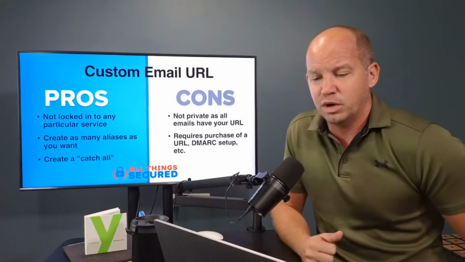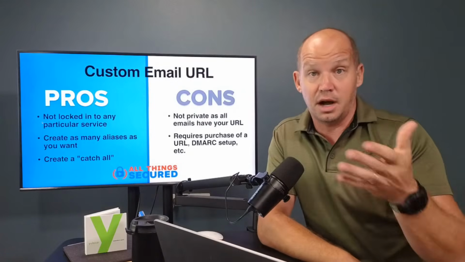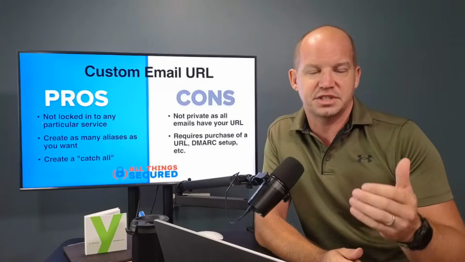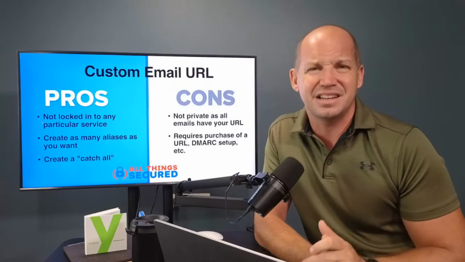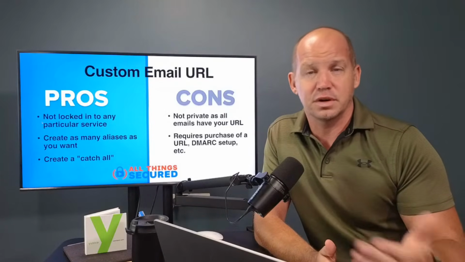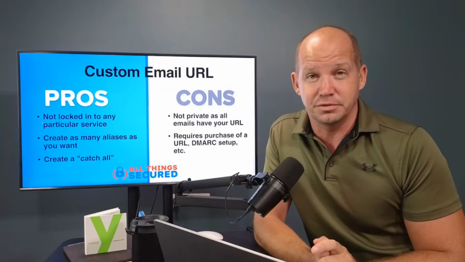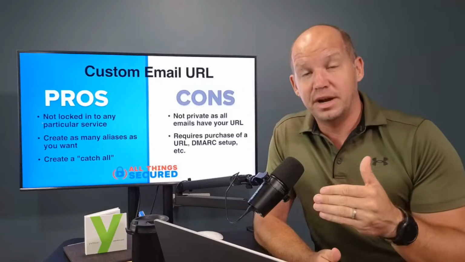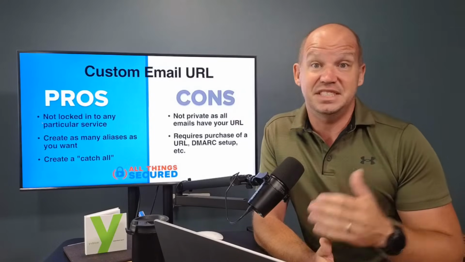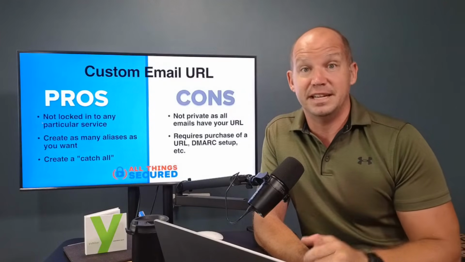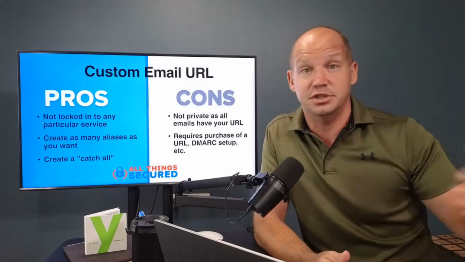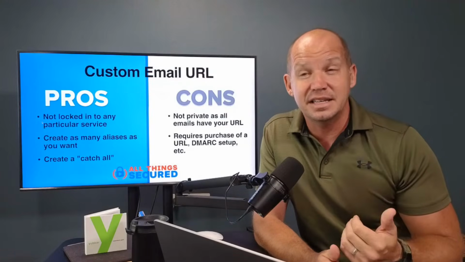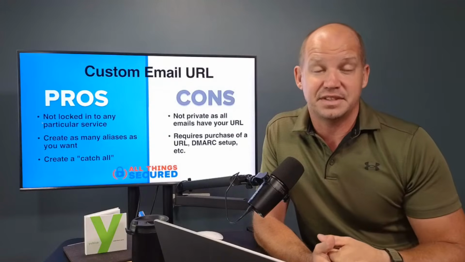Okay. And then finally, I wanted to point out that this, in addition to requiring you to purchase a URL, which isn't that bad, it's not that hard. Hopefully you've done this before. If not, it's actually quite fun to own your own URL. You will also, you don't have to, but I would recommend also setting up DMARC, which is what helps make sure that nobody can send email as you and impersonate you. And for some services, this can be done automatically. And then in a lot of cases, you have to set that up for yourself.